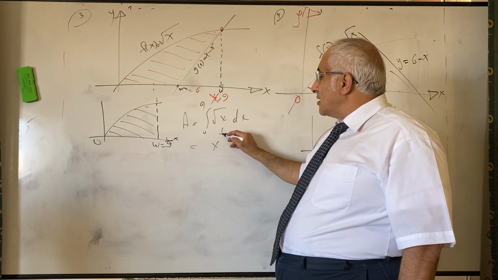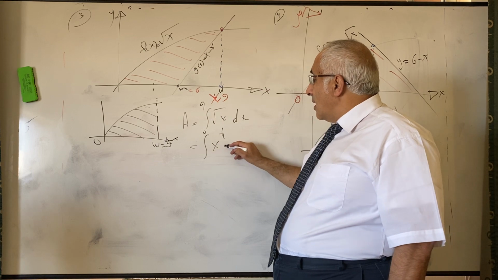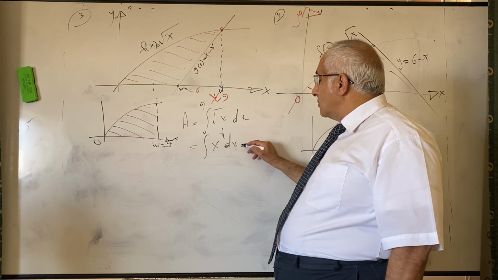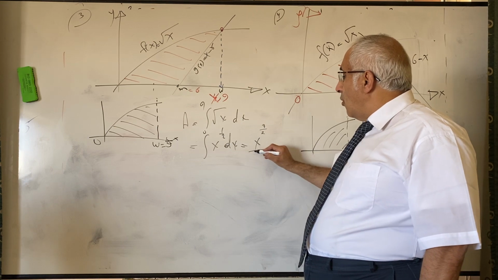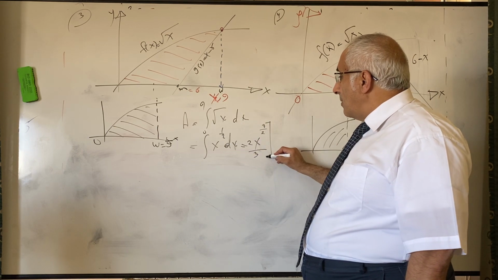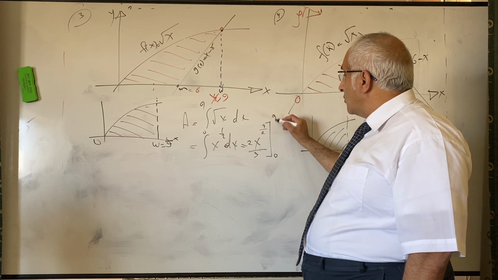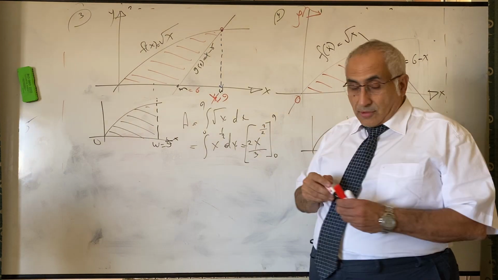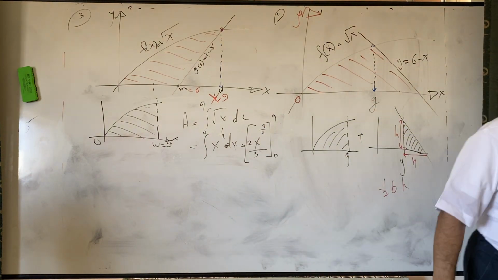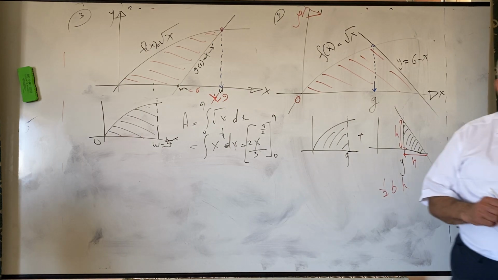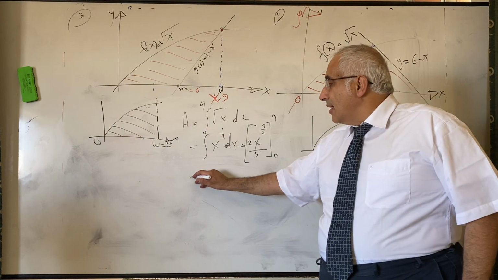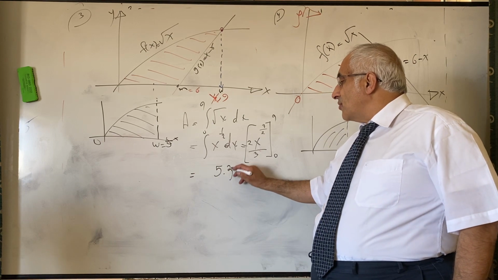I can put it as x to the power half. And the integration of that is x to the power half plus 1, 3 over 2, over 3 over 2, from 0 to 9. Am I clear for that? Yes, I'm clear. The answer with my calculator is 5.33.